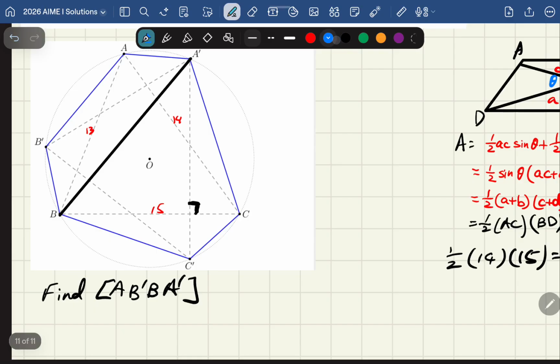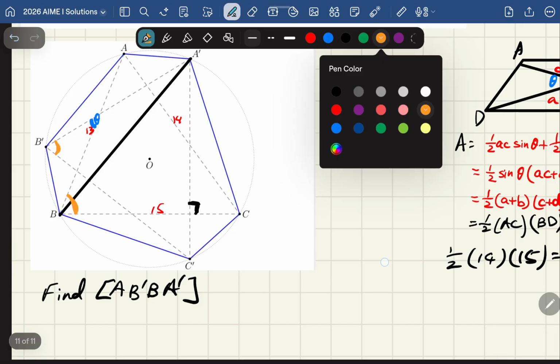So that means we need the sine of this angle, theta, right? So let's try to find some equal angles. Well, this is equal to this. Here, I'll write them down.